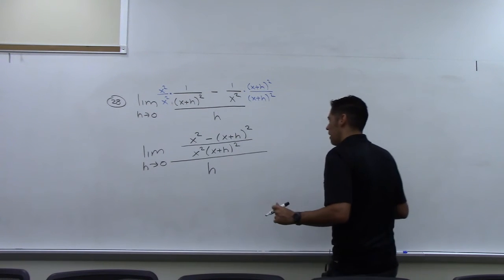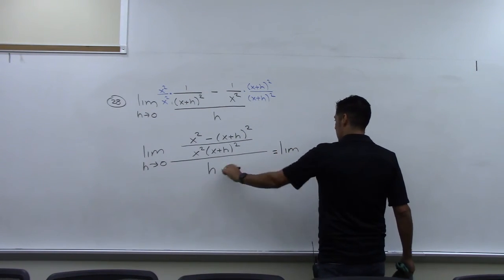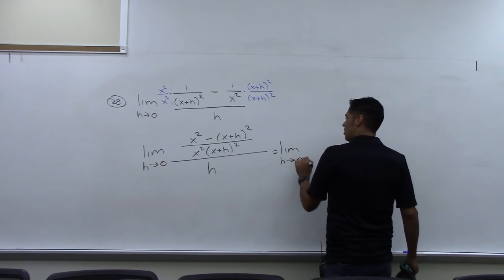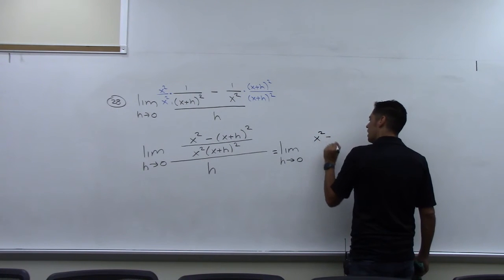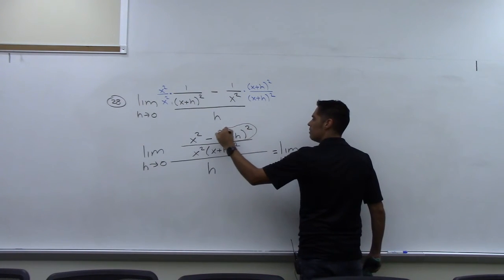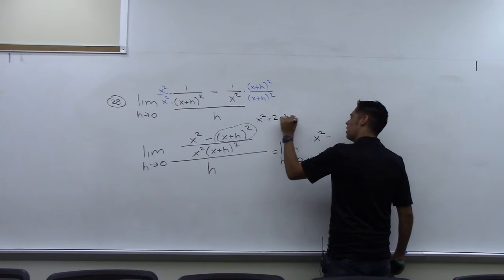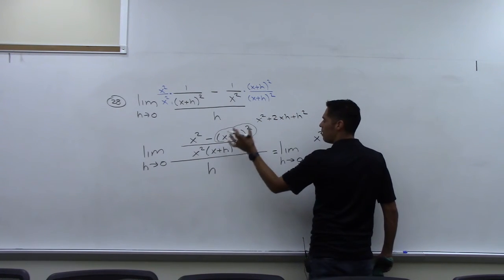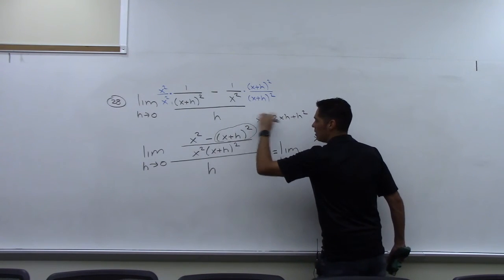Something good is supposed to happen here. And really what I'm hoping for is that h to cancel. So there's a little more work I can do up here. Why don't I rewrite that top as x squared minus, and then what is this? That's x squared plus 2xh plus h squared. That's what happens if you multiply that times itself. But then you're subtracting it, so it subtracts to each term.